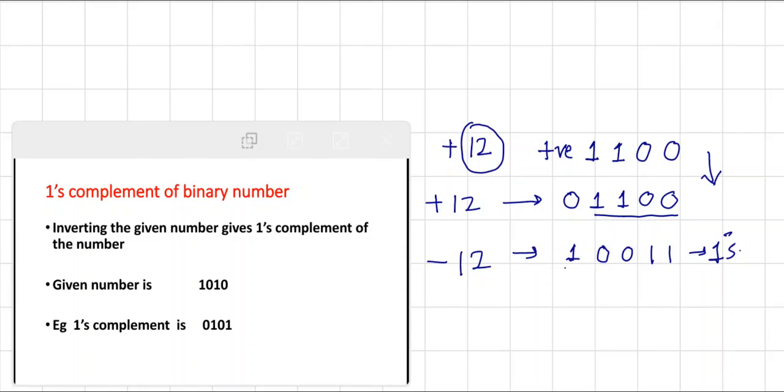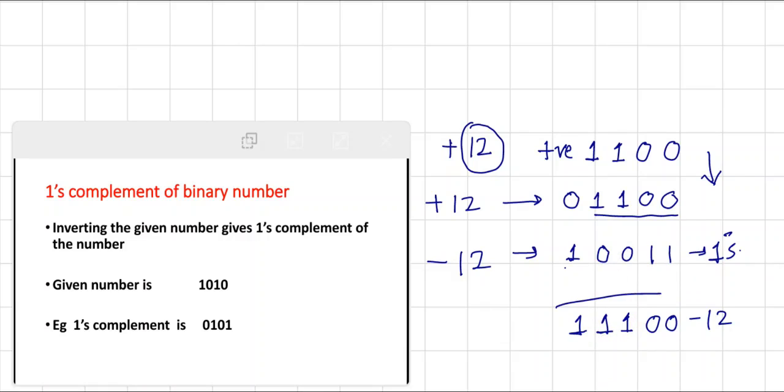In the earlier case, if I want to represent this number, which is 12, and if I want to represent minus 12, then we used to attach the number 1 here as a sign bit. But now in ones complement form, the complement of each magnitude bit is taken and then the sign bit is added.